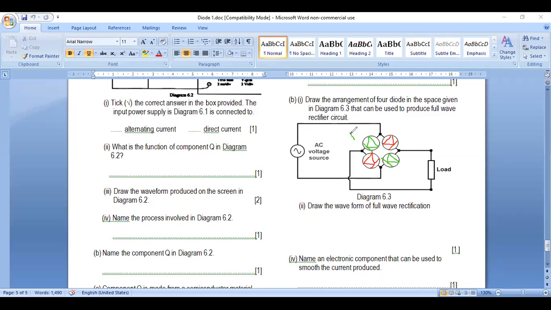Sorry, I made a mistake. This one going down. Sorry. This one going up. And then this one will follow this.